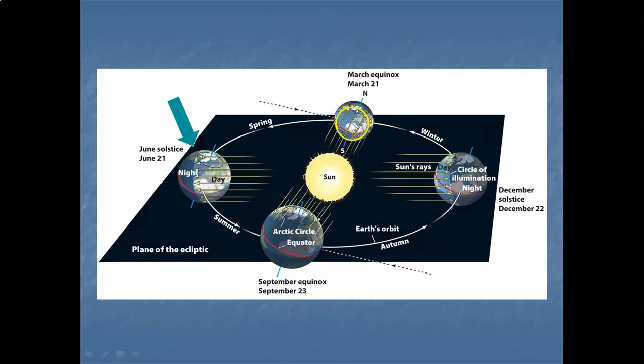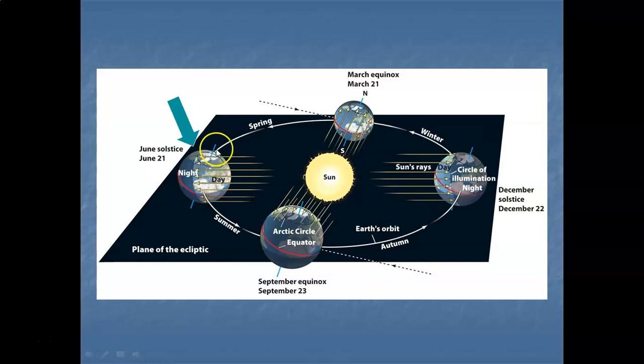Now we're going to move on to the 3 months of spring. And during these 3 months of spring, the way the Earth is presenting itself to the sun, the subsolar point is going to be migrating into the northern hemisphere day by day. And the day it reaches as far north as it possibly can marks the first day of summer.